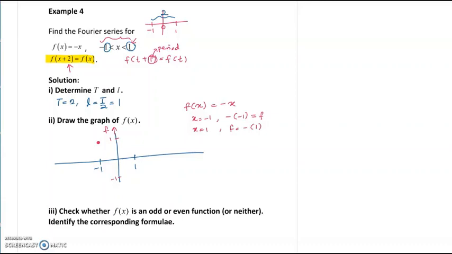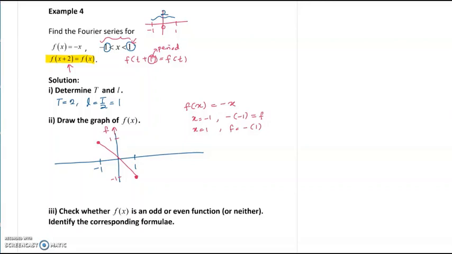So we know that f(x) equals -x is a straight line, and we can just connect these two. It passes through the origin, because if x is 0, then obviously f is also 0. So this is your f(x) in the interval of -1 to 1.